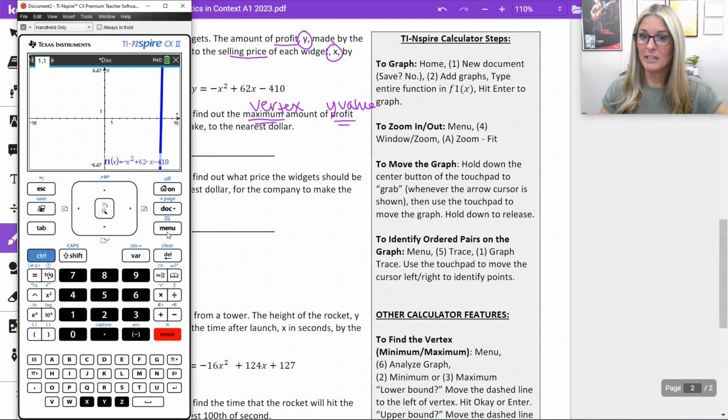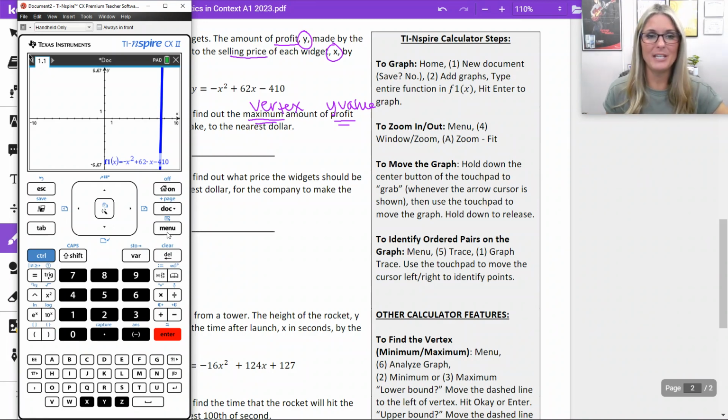We are working with some very large numbers here. So on our graph view right now, it just is a very small segment and I can't get the whole picture of it. So looking at our calculator steps on our notes, the second one I gave you is to zoom in or out, or specifically, I'm going to show you how to use zoom fit, which is going to try to fit the graph or the data into our screen.